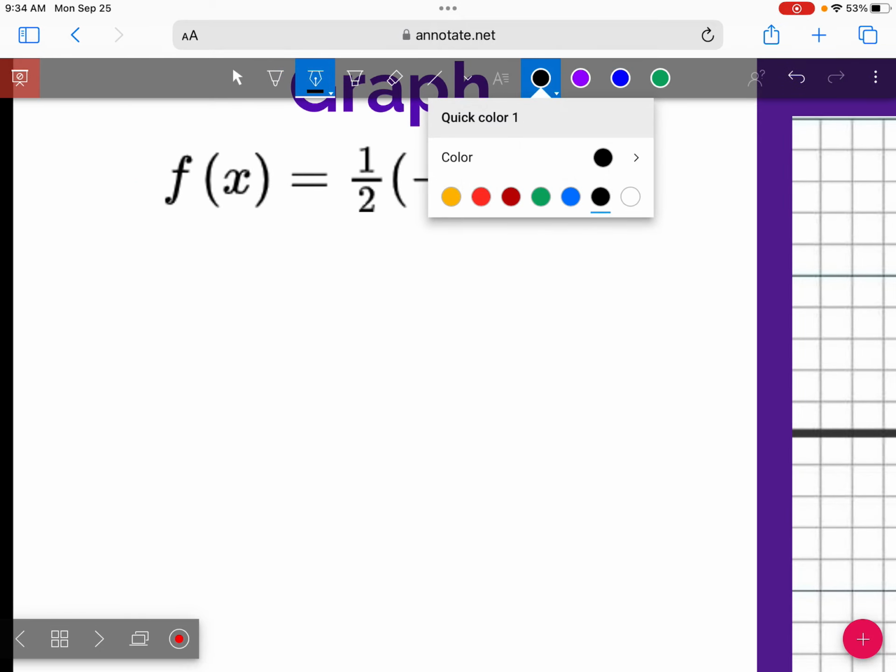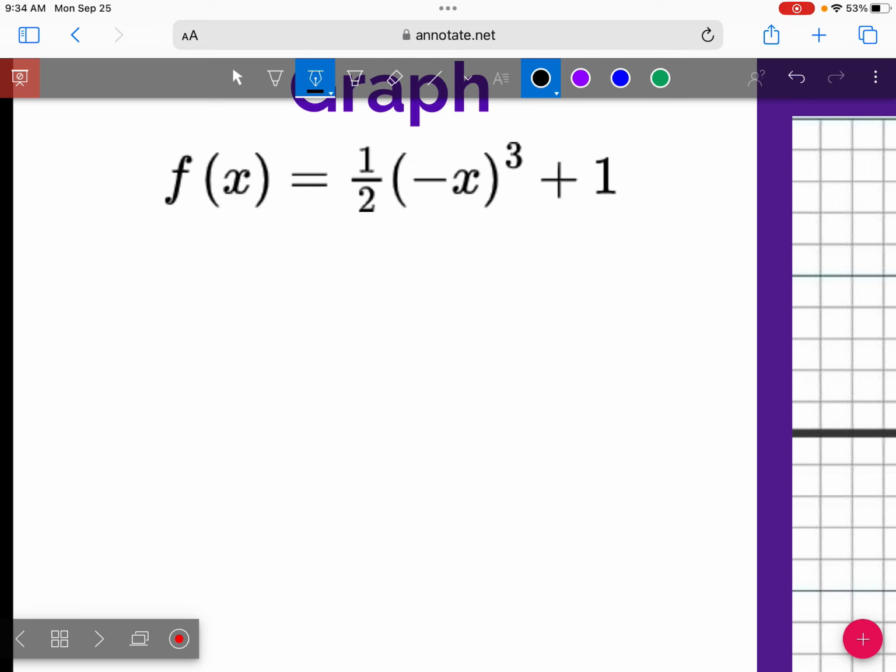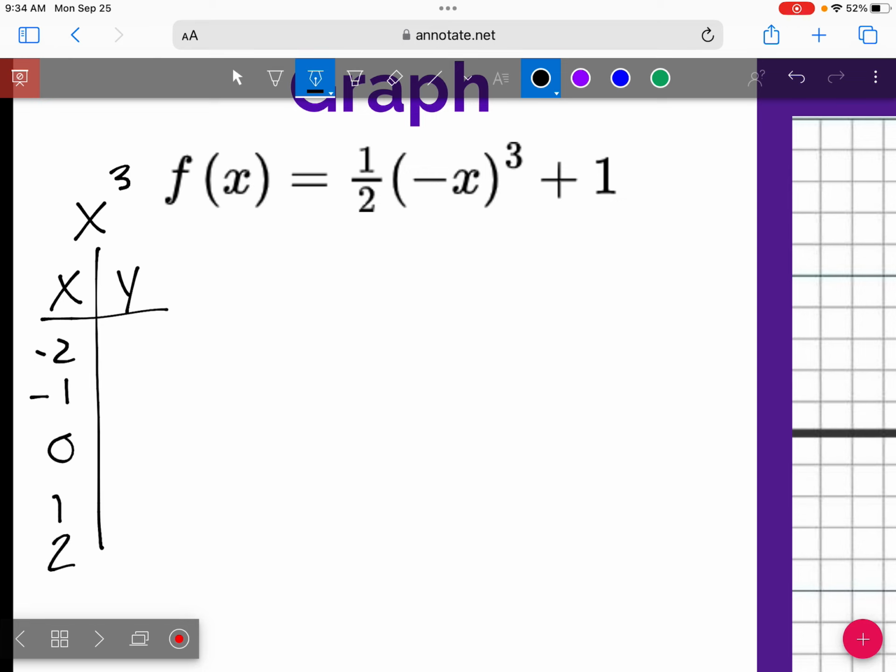Cubics, we might not be able to pull up this parent function as quickly. But for my cubic function, x and y, this is x to the third. We can still use our same basic five-center view: -2, -1, 0, 1, and 2.